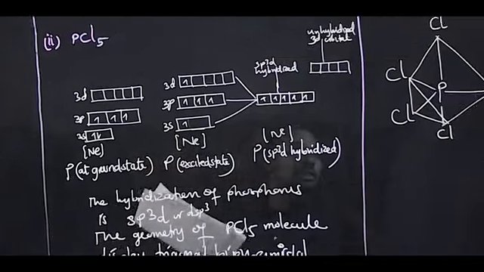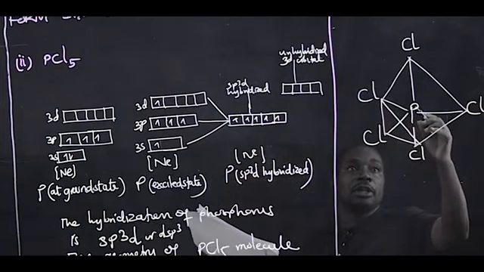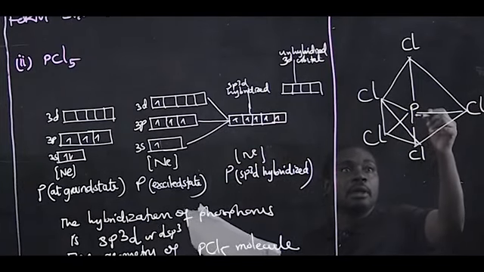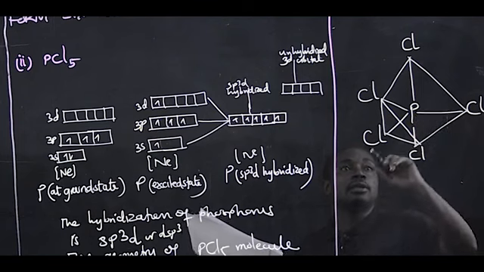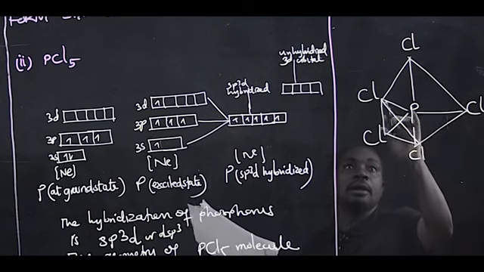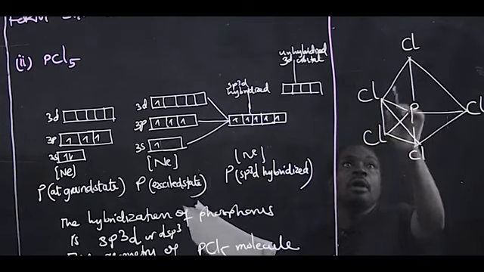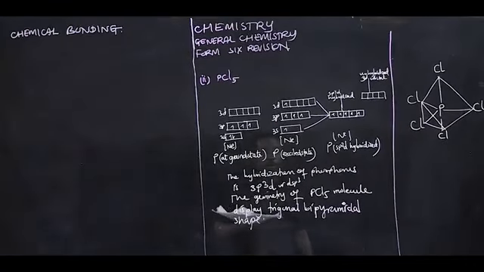This geometrical shape has 2 pyramids and 1 triangle, so there is trigonal and 2 pyramidal. So the geometrical shape of phosphorus pentachloride is trigonal bipyramidal.